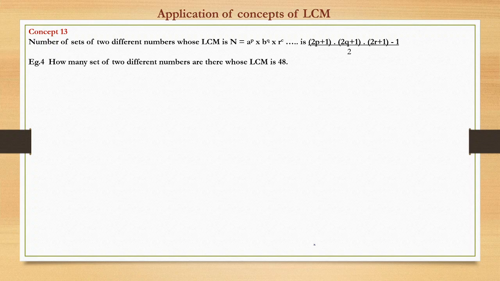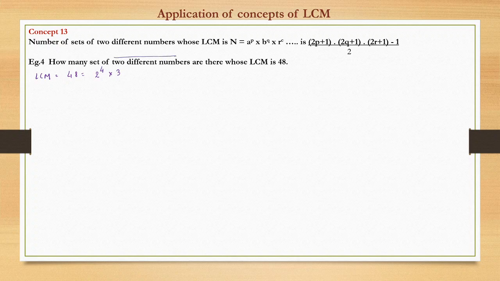Okay, so the next question is: how many sets of two different numbers are there whose LCM is 48? So 48 we have to see here. 48, the LCM, we can write as 2 raised to power 4 into 3, right?